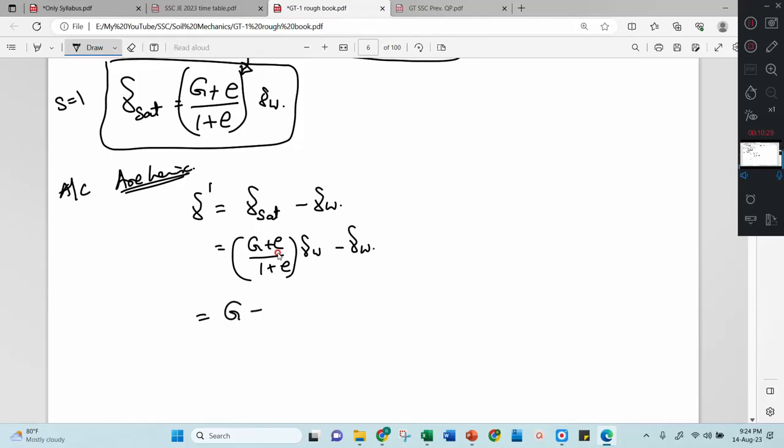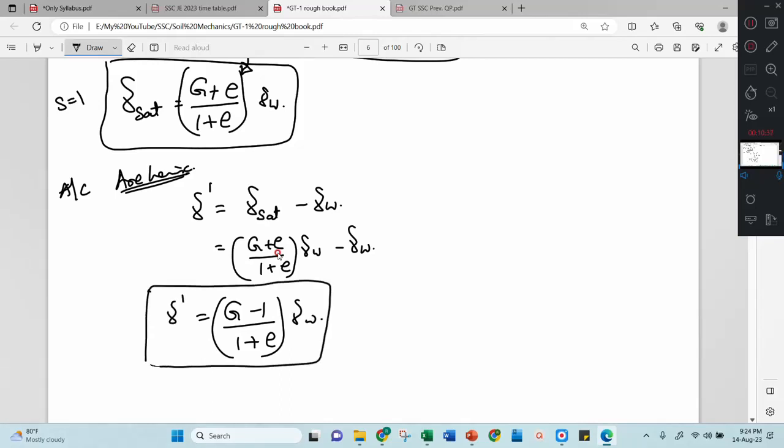You will get (G minus 1) divided by (1 plus E) into gamma W. This is your gamma dash.